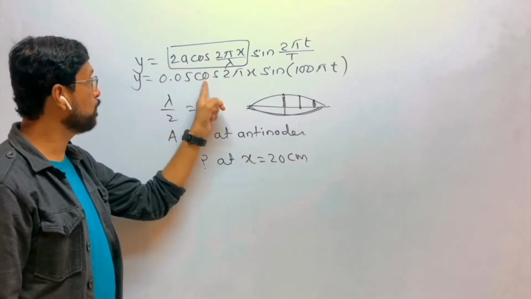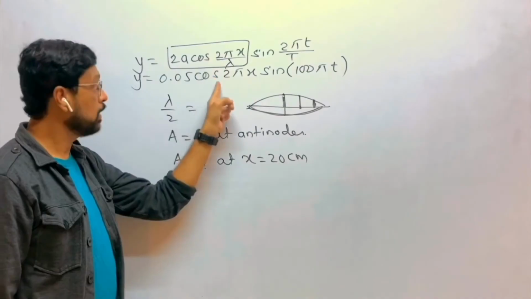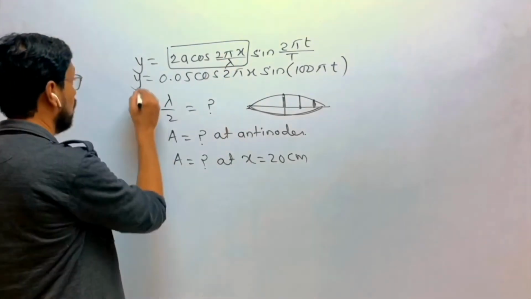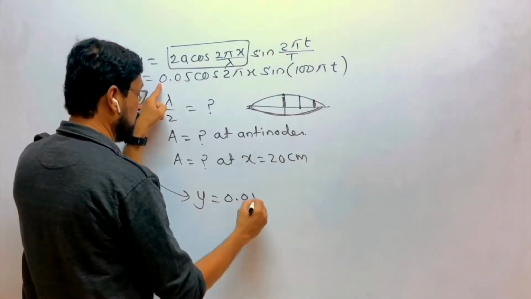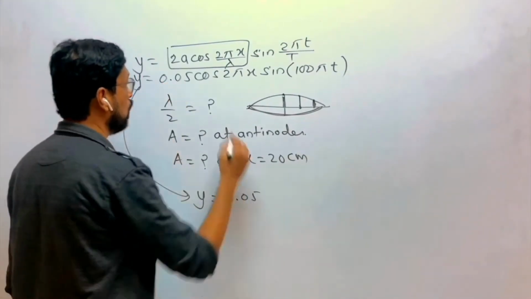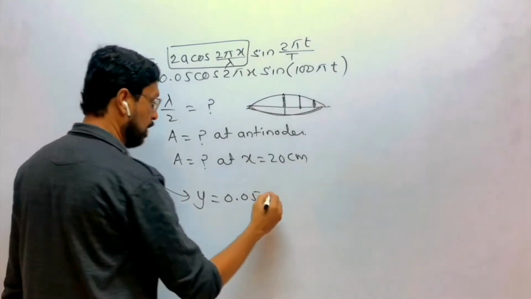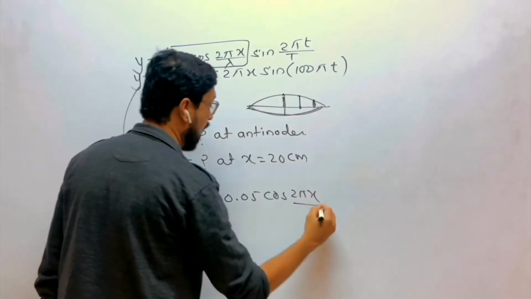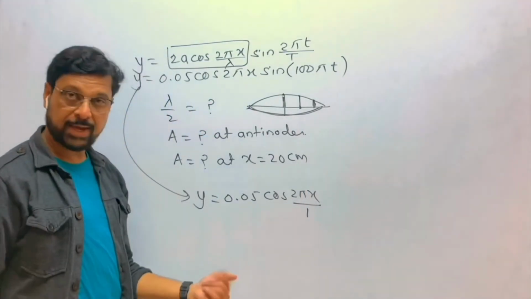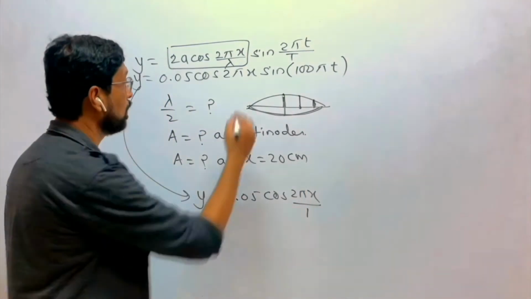So first you'll have to bring this equation in this form. इस equation को इस form में लाओ. Y is equal to 0.05 as it is. Cos 2 pi x by lambda, cos 2 pi x by 1. 2 pi x is 2 pi x by 1.